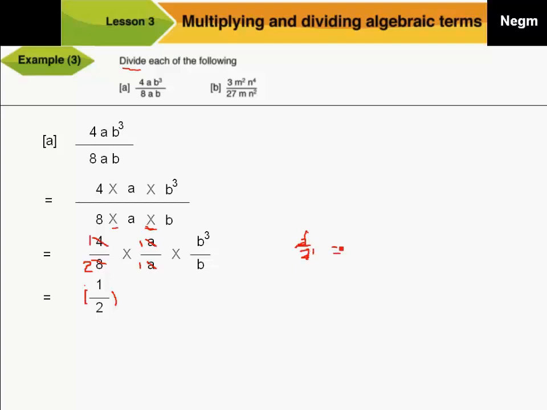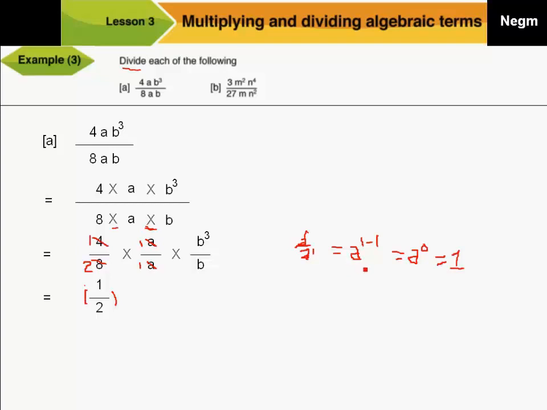We have division and the same base, so we take the base which is a, and in division we subtract the indices or the power. This will be equal a to power 1 minus 1, which is a to power 0. I told you that any number or any variable raised to power 0 is equal to 1.